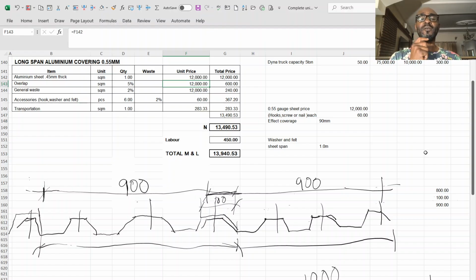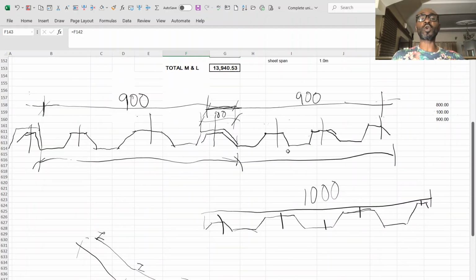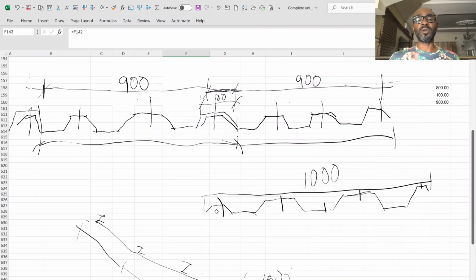And for the hook and the effective coverage of a roofing sheet, I'm going to use the sketch I have on my screen to further explain what I mean by effective coverage of a roofing sheet. Say you went to get a roofing sheet from the market and the width of that sheet is say 1 meter.